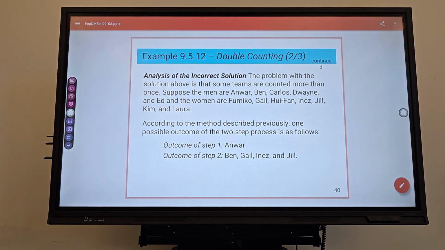The problem with this solution, though, is that some teams are counted more than once. Suppose the men are Anwar, Ben, Carlos, Dwayne, and Ed, and the women are Fumiko, Gail, Huifan, Inez, Jill, Kim, and Laura. According to the method described previously, one possible outcome of the two-step process is Anwar for step 1, and Ben, Gail, Inez, and Jill for step 2.